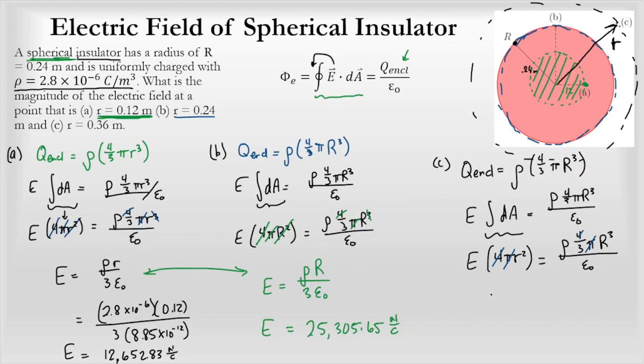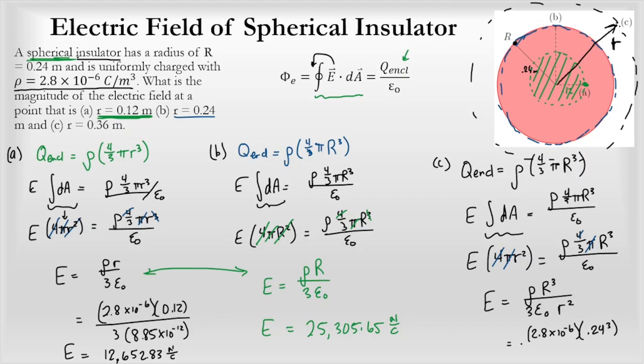Okay, so when I get the formula for this electric field, I'm going to have a rho, I'm going to have an R cubed, and I'm going to divide by 3 epsilon naught little r squared. So when I put all the numbers in here, I'm going to get 2.8 times 10 to the negative 6th times 0.24 cubed, right?